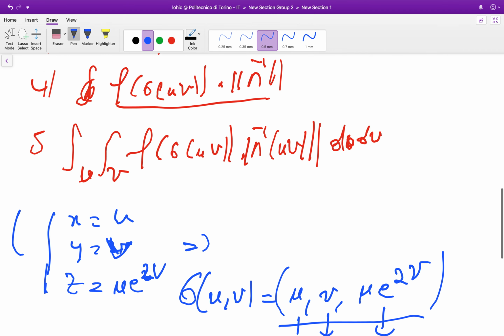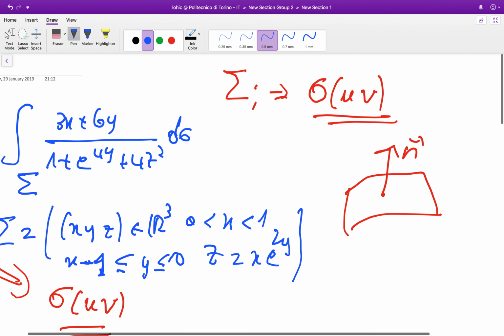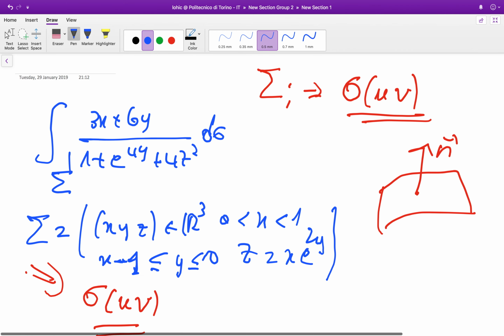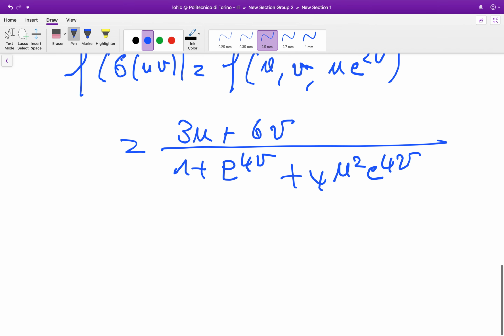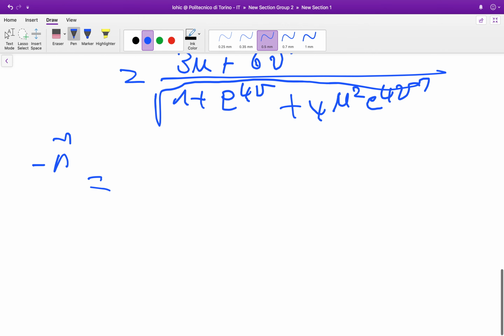Now the second step is done. Now the third step is what? There was a root here. Nice. It means that also here we have a root. Okay, thanks. Third step is to find n. And how do you find the normal vector of the surface?